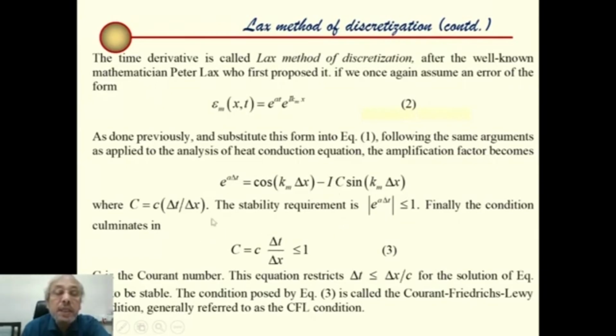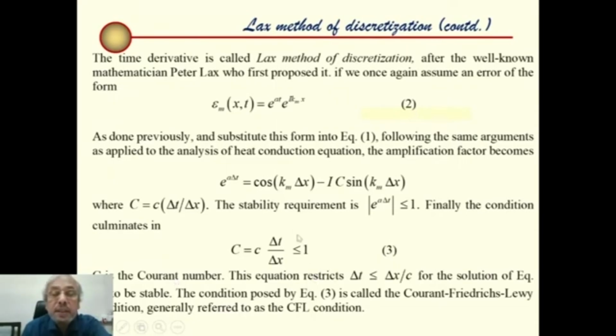We will see that in order to satisfy the condition that the amplitude be less than 1, we have to have C less than or equal to 1. That means small c Δt/Δx less than or equal to 1. Uppercase C is called the Courant number.